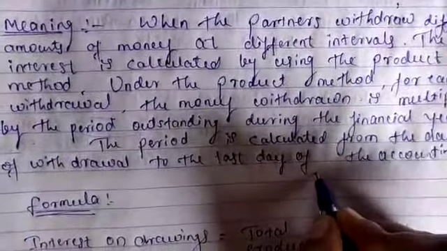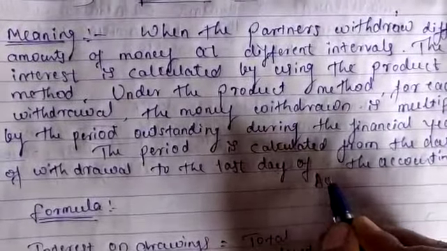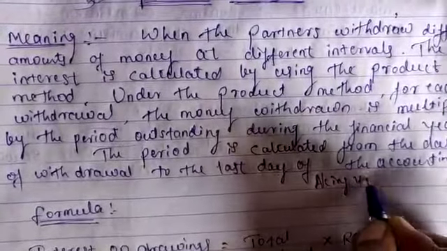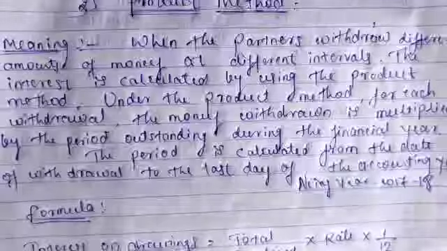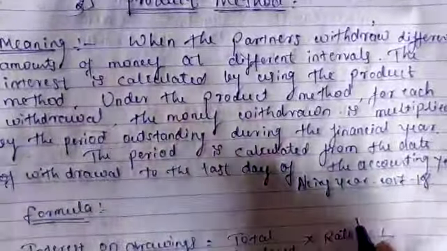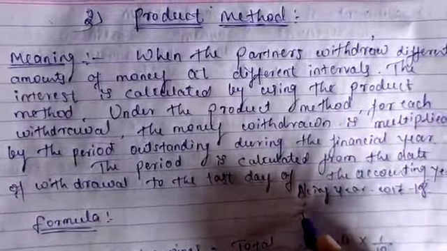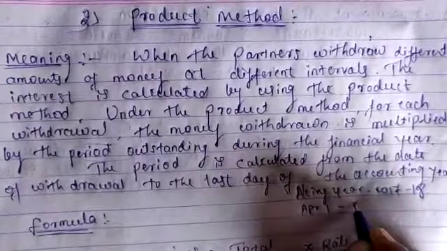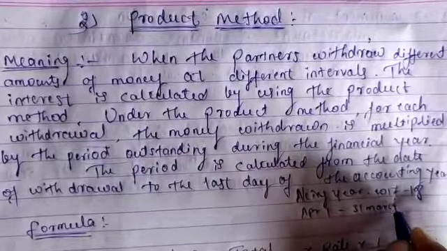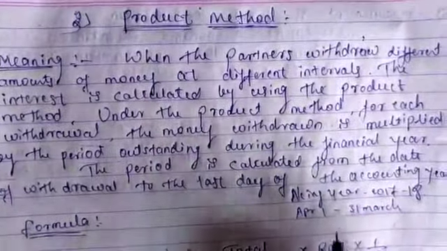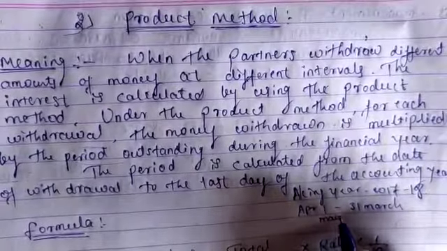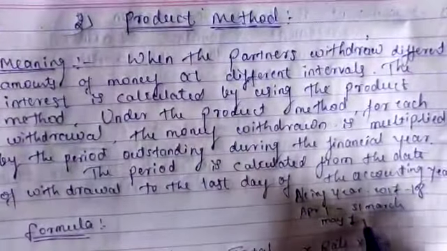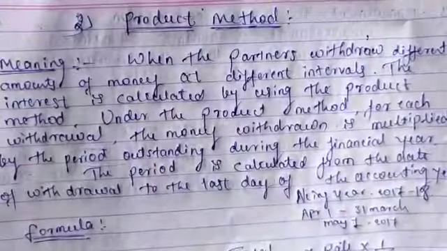The first accounting year is 2017 to 18. This is the accounting year. So we are starting the account on April 1st and ending on 31st March. We are withdrawing the amount on May 1st, 2017.